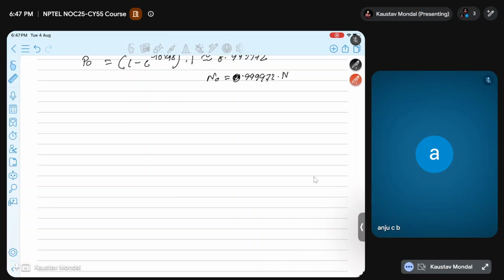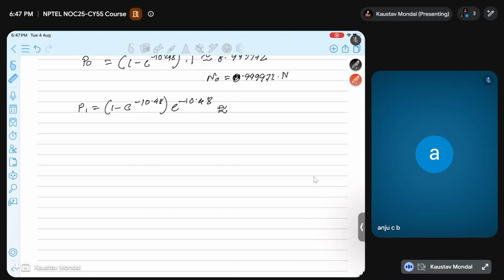The first excited state P1 is basically (1 minus e to the power minus beta E) times e to the power minus beta E, so that would be 10 to the power minus 0.48 into e to the power minus 10.48.